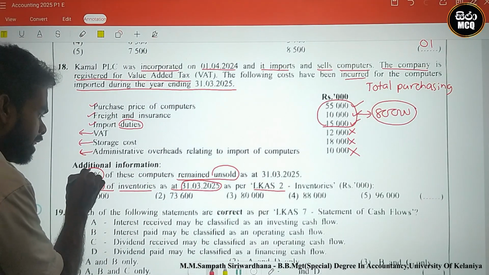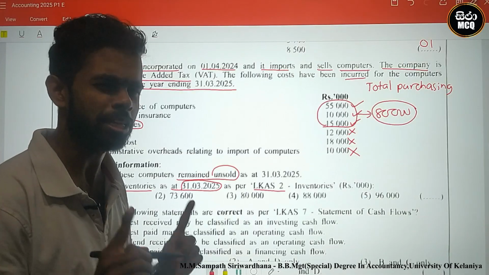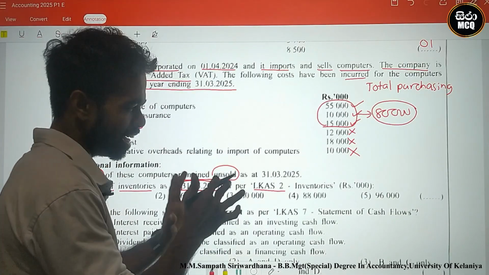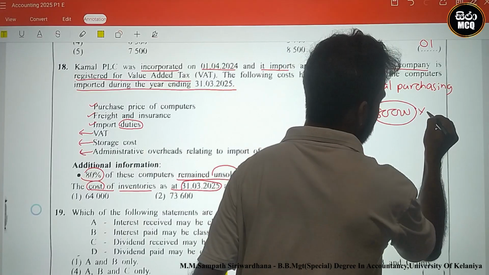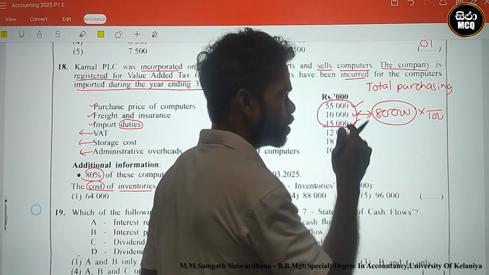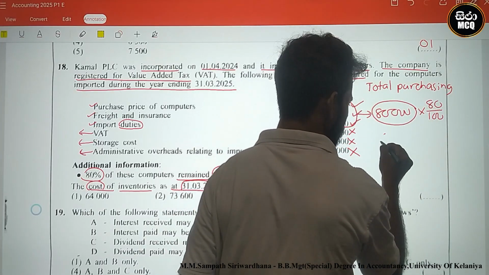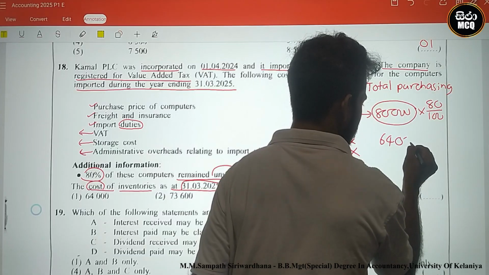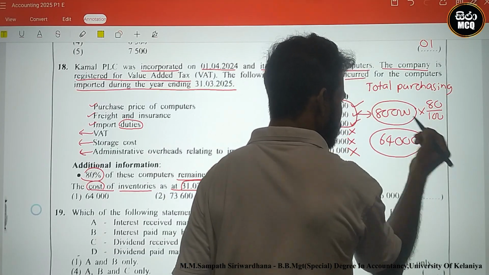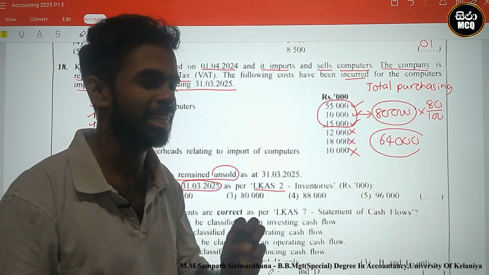This says 18% of these computers remained. We want the remaining goods. Therefore, out of this total value, 18% was unsold. Unsold means remaining, 64,000. This 64,000 is the closing remaining inventory cost.